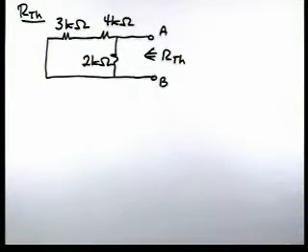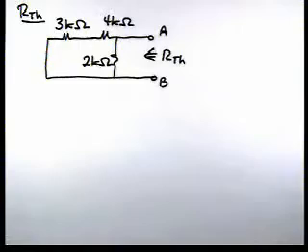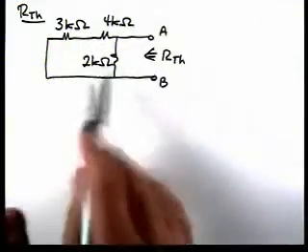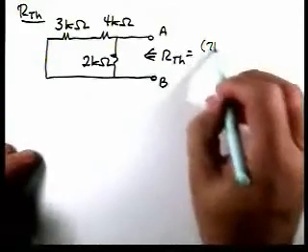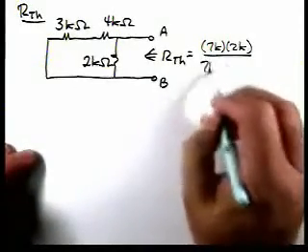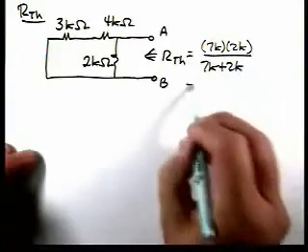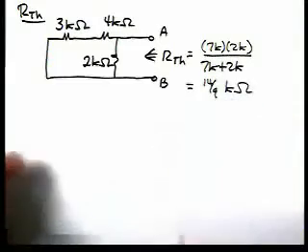And we note these two resistors are in series and they're in parallel with a 2K. So R Thevenin then is 7K times 2K over 7K plus 2K, and that's 14 over 9 kiloohms.